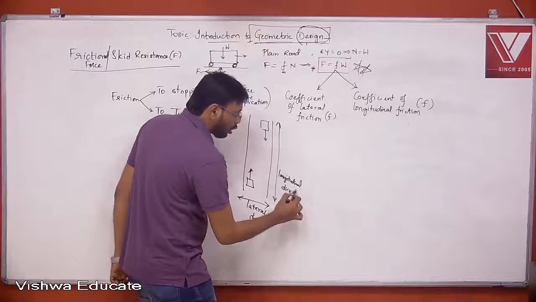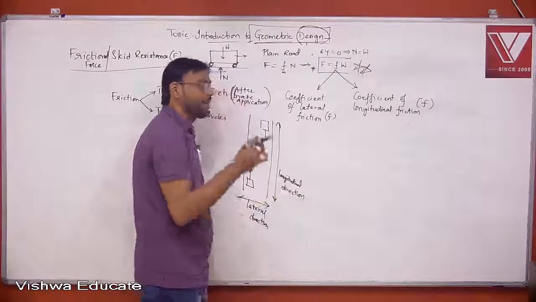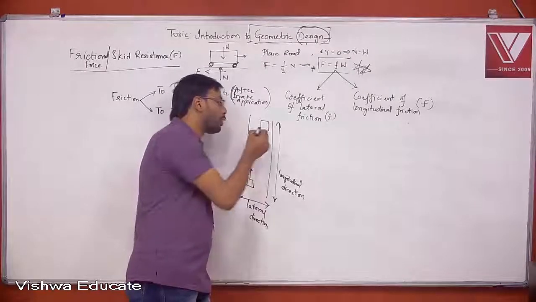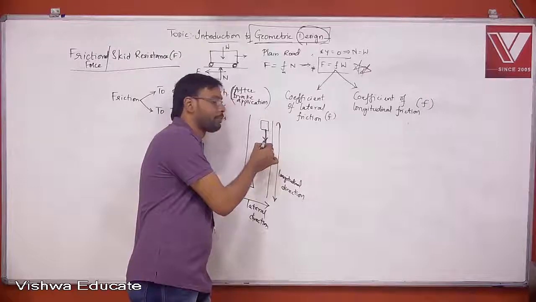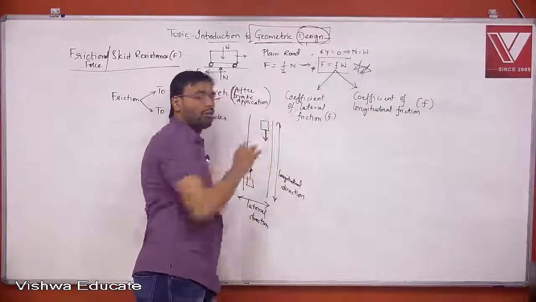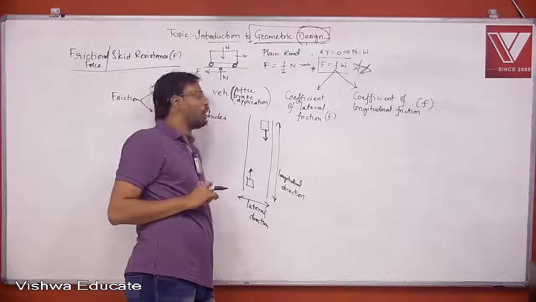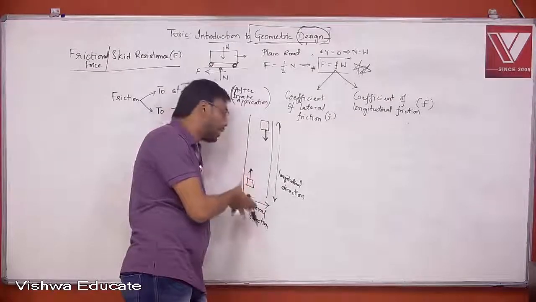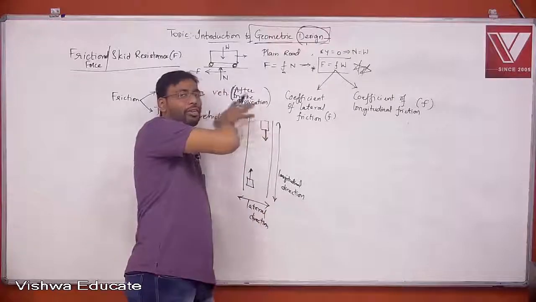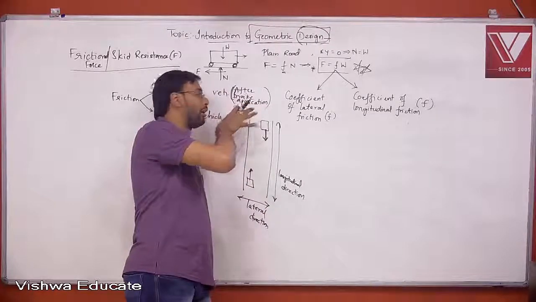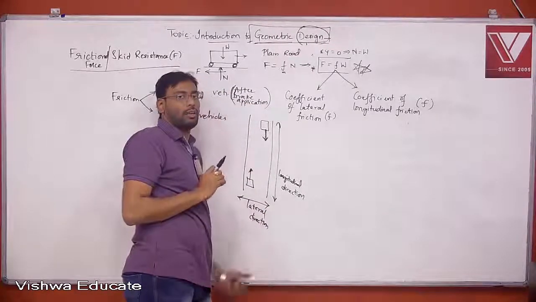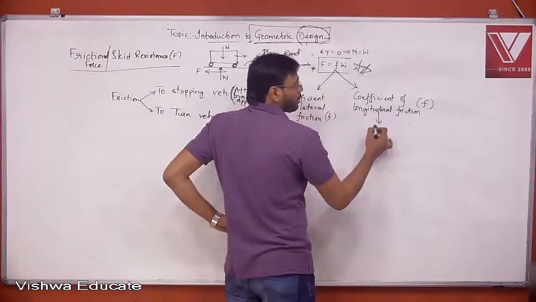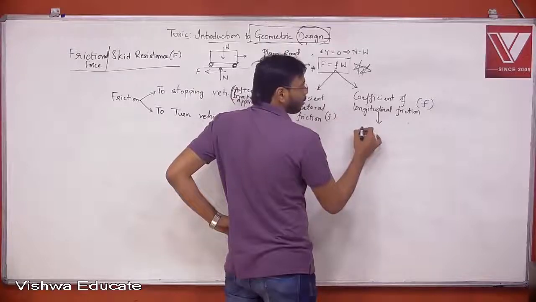If you consider the friction when the vehicle is moving in the longitudinal direction, it is called coefficient of longitudinal friction. And if you consider the friction when your vehicle is moving in the lateral direction, it is called coefficient of lateral friction.